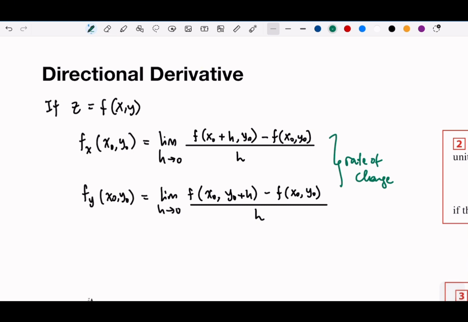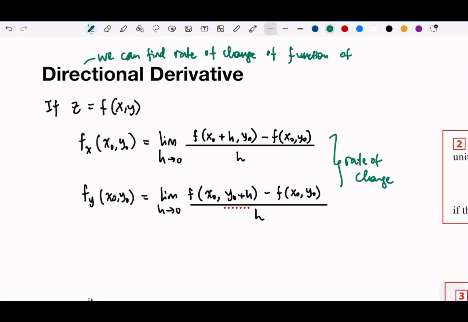So we can find the rate of change of f, or maybe a function of two or more variables, in any directions.